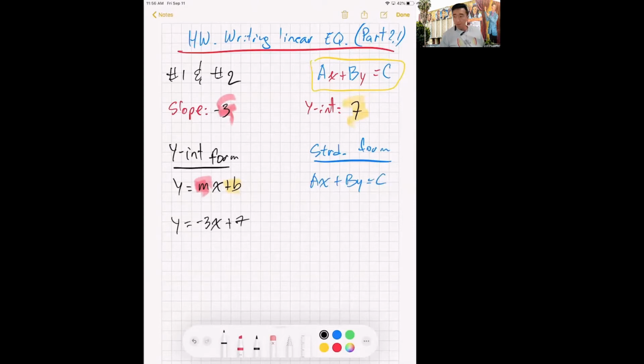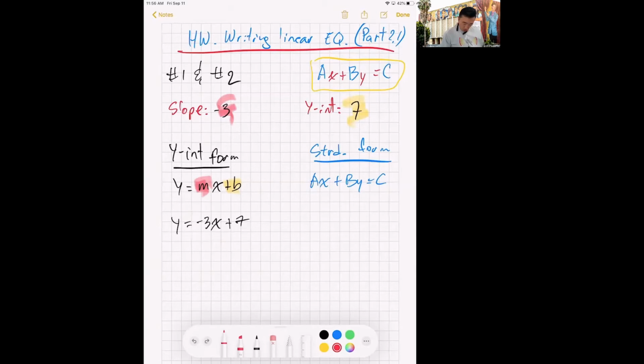Pretty simple, yeah? And then all you have to do from there is move the x term over to the other side. That way the x and the y terms are on the same side. So how do we do that?